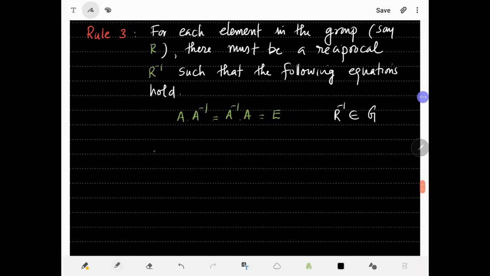So this equation essentially says if you have an element R, there should be a partner of this element, R inverse, such that when this R and R inverse are combined, the result should be identity element. This rule immediately says there should be identity element E in all mathematical groups.